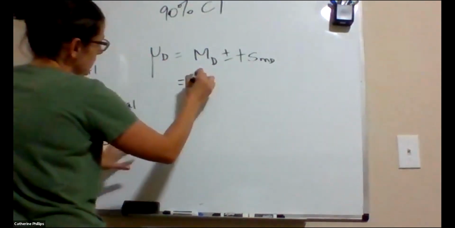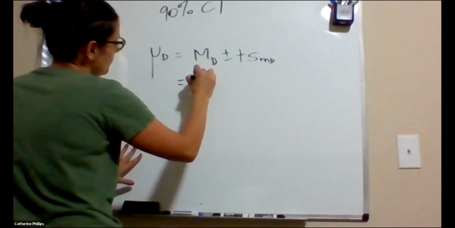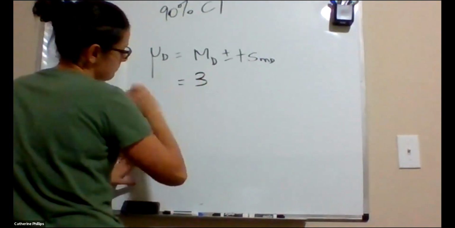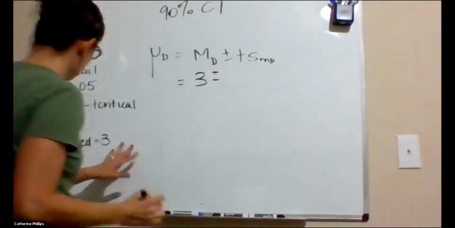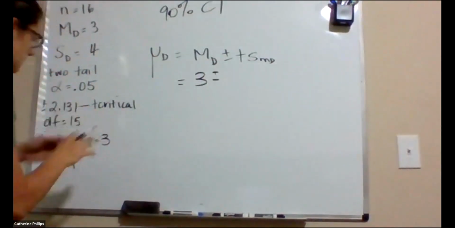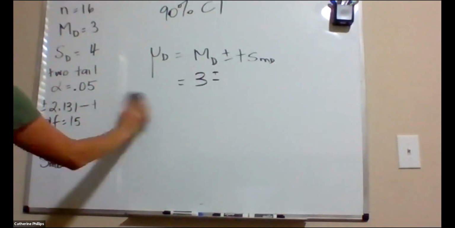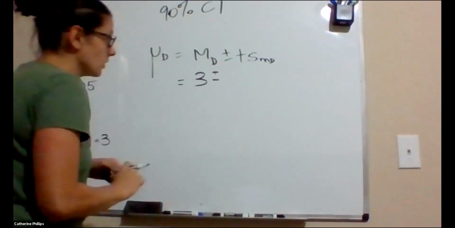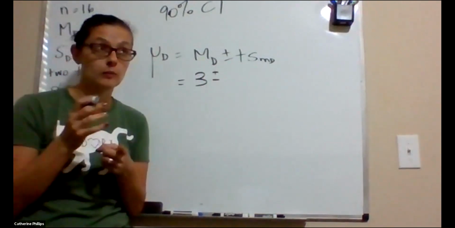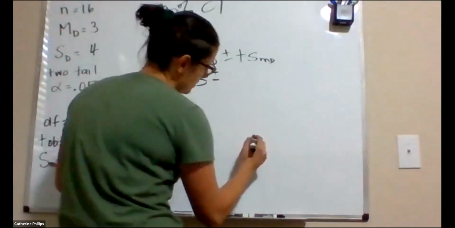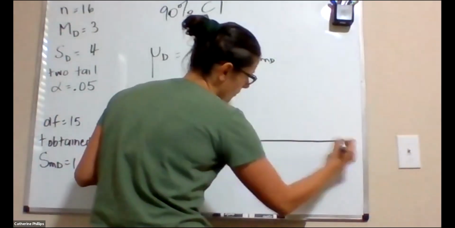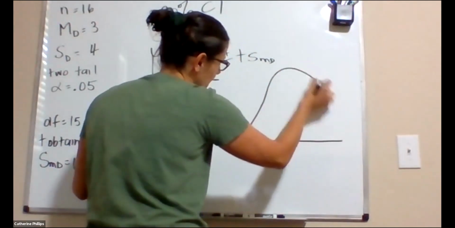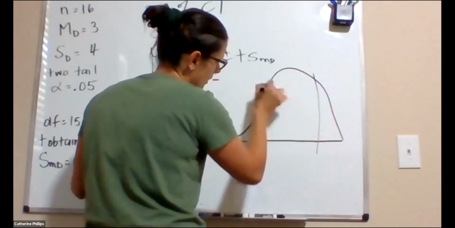So the mu d, or md, that mean difference was 3 plus or minus. Here we need a different t critical than this. This was for step 4. We need to go to table B2, and I'm going to explain what column we're going to be looking at.